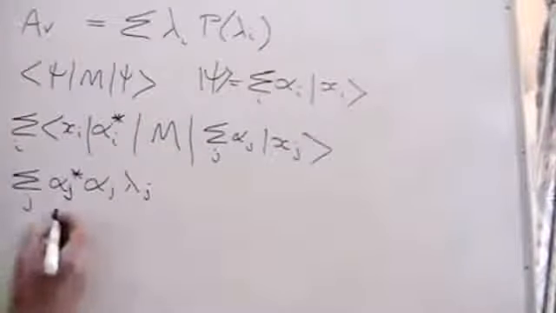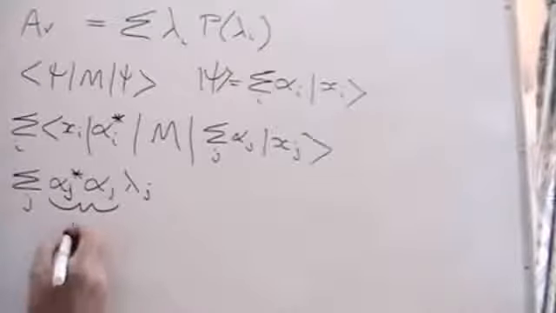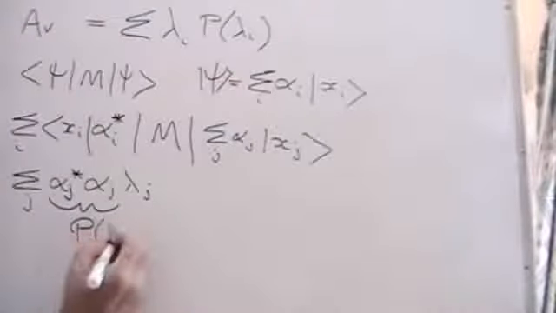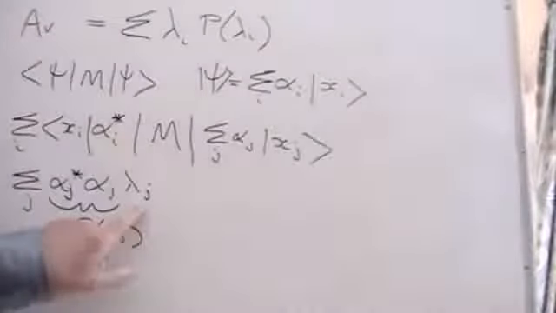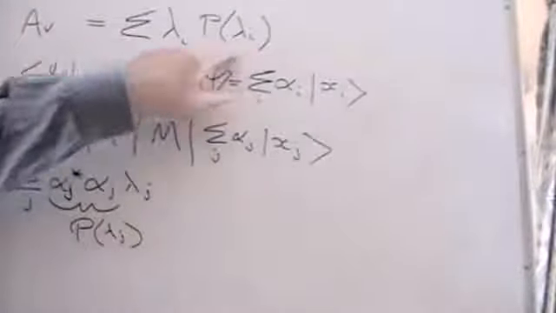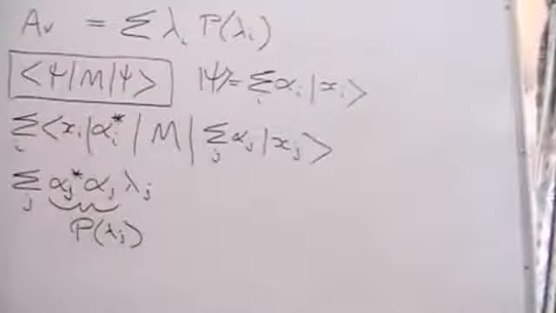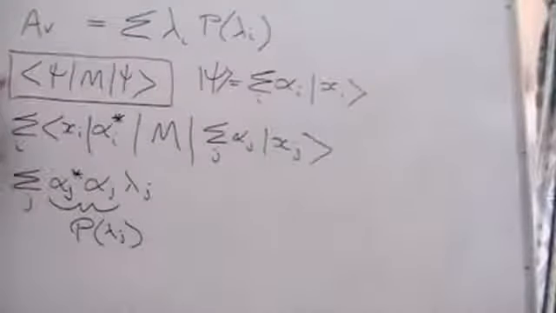But hang on a minute, we've got the sum of this term here, which is the probability of getting lambda j, times lambda j. And that is our definition of an average. This was the probability. This is our definition of average. So what we've effectively shown is that this term here is what derives the average value of m, or the expectation value of m.